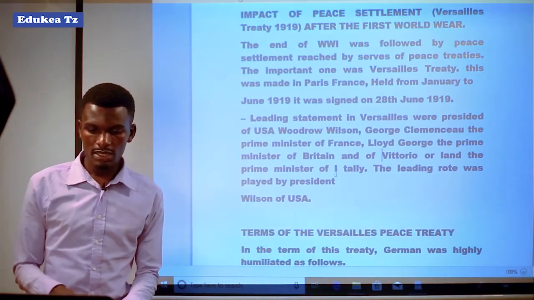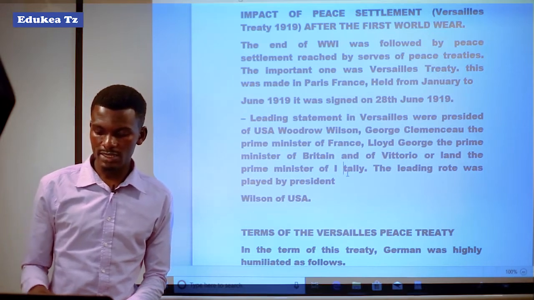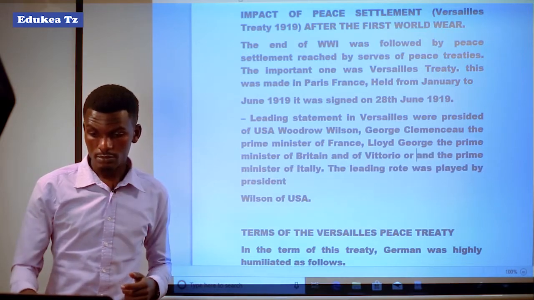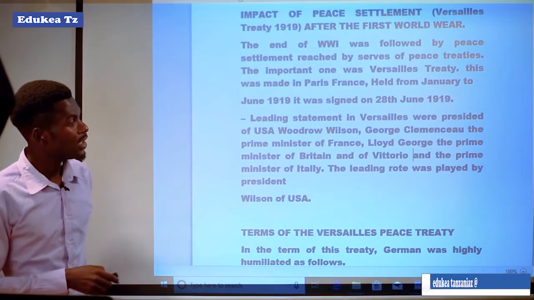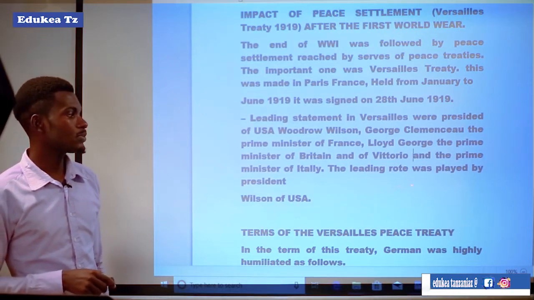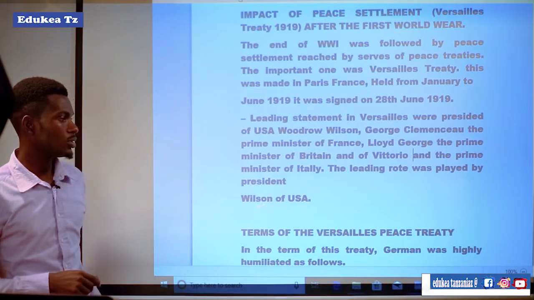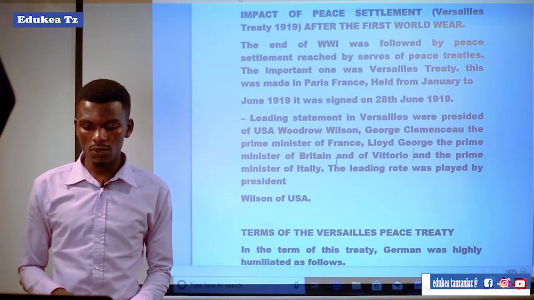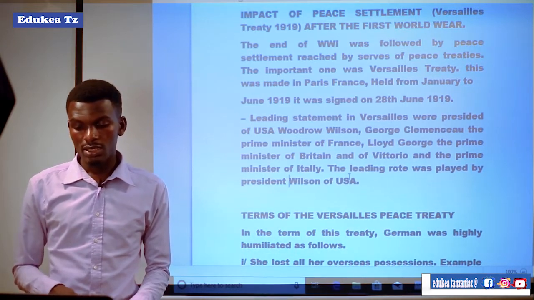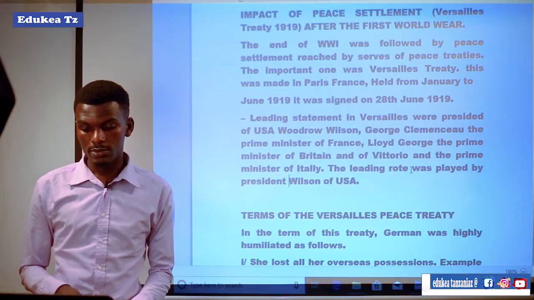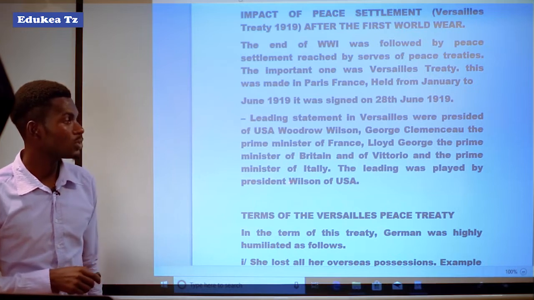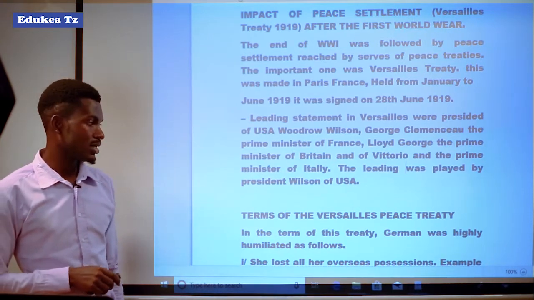These were the leaders who attended the Versailles Peace Treaty. The leading role was played by President Woodrow Wilson of the USA.